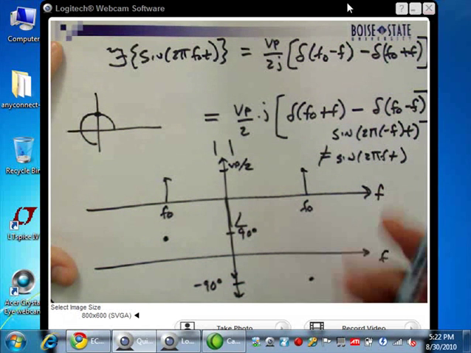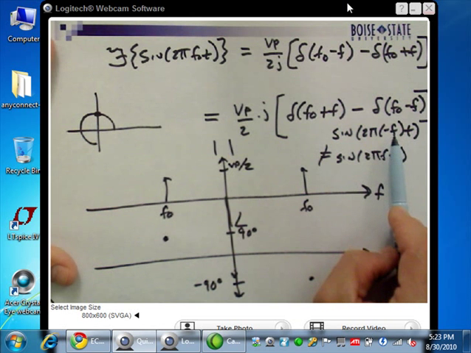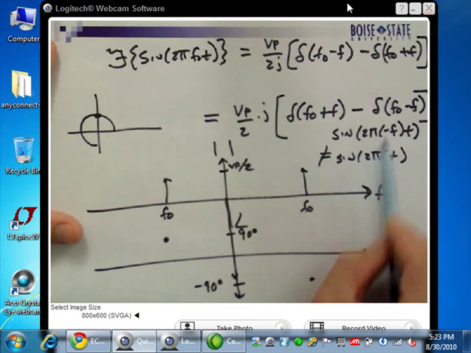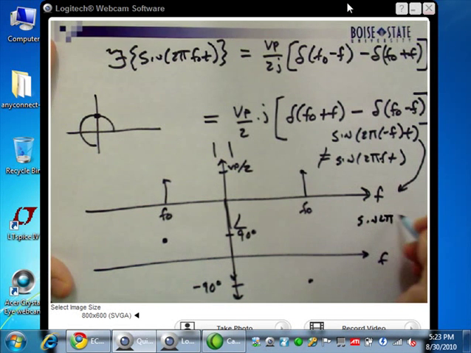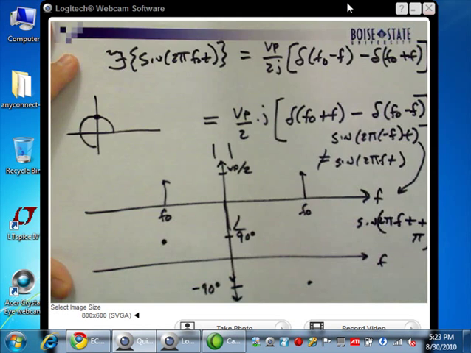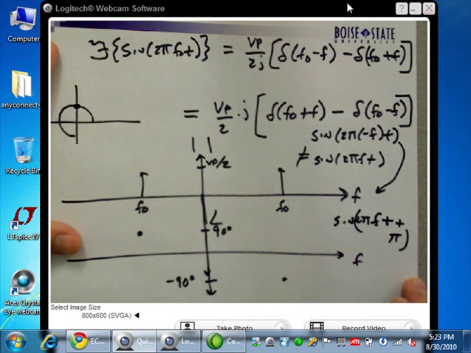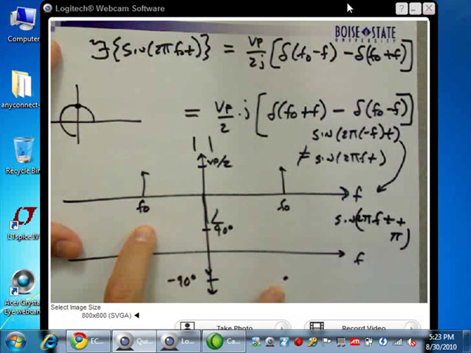But if I ask, well, what does this negative frequency mean? I don't understand that. That scares me. Negative frequencies. I don't like drawing negative frequencies. Well, that's nothing more than rewriting as sine of 2 pi ft plus pi. Just a phase shift of 180 degrees. Does everybody see that? So if I look at the phase shift between those two signals, I have 180 degrees.